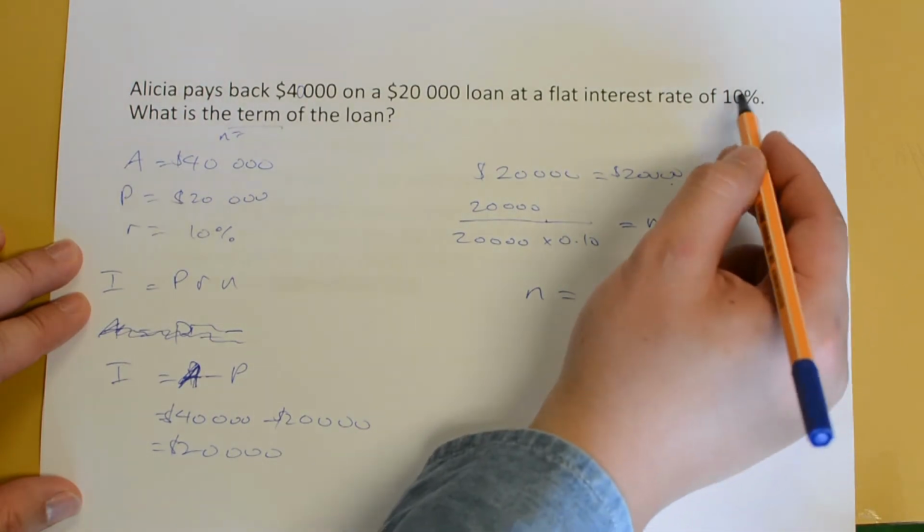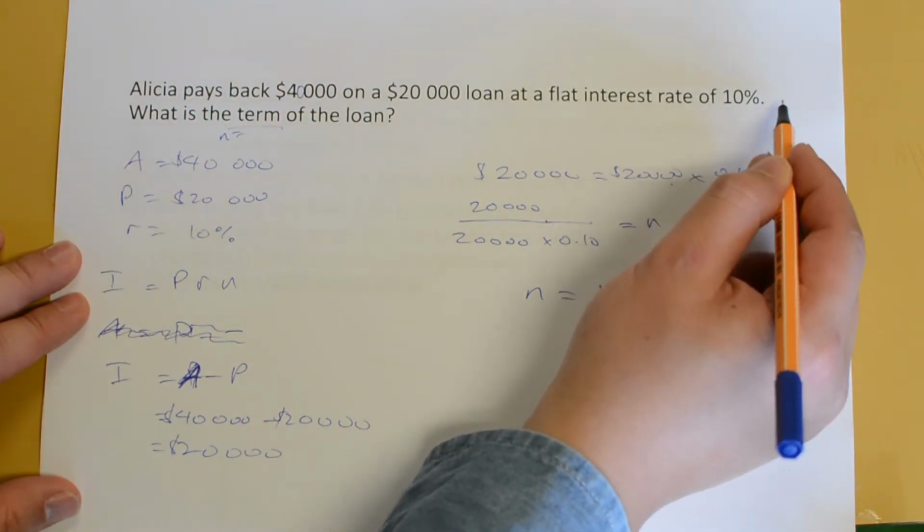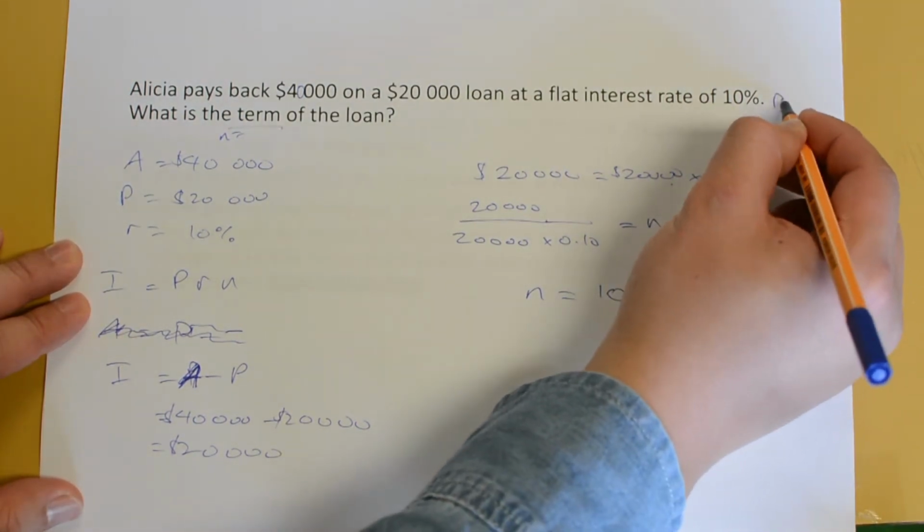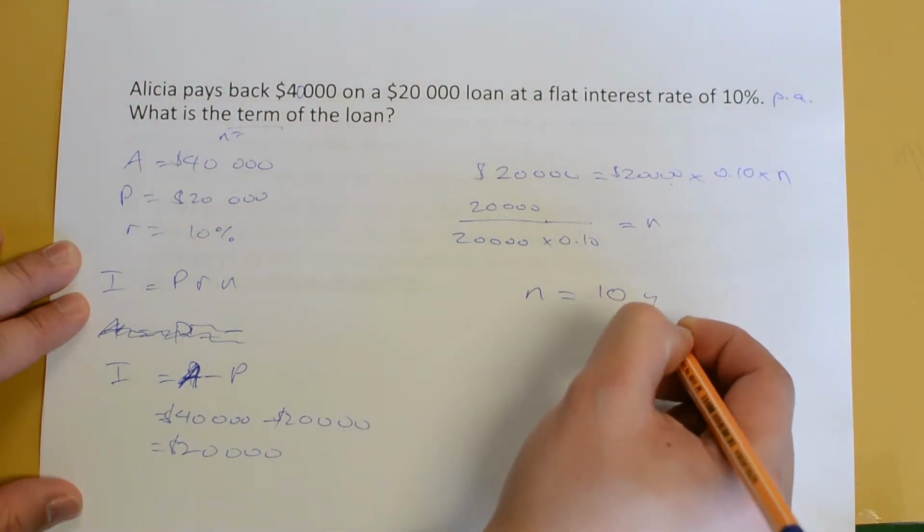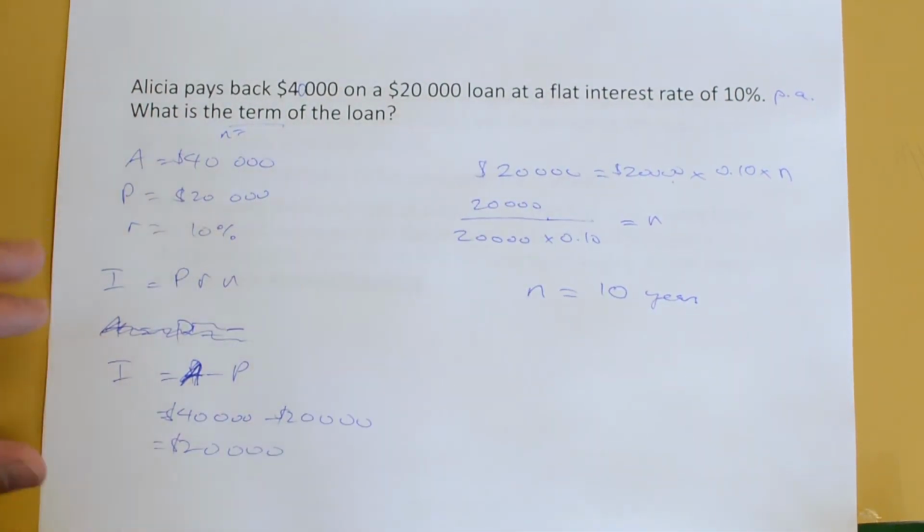Because this doesn't quite tell us how often it is, let's assume this was per annum, then this would be years.